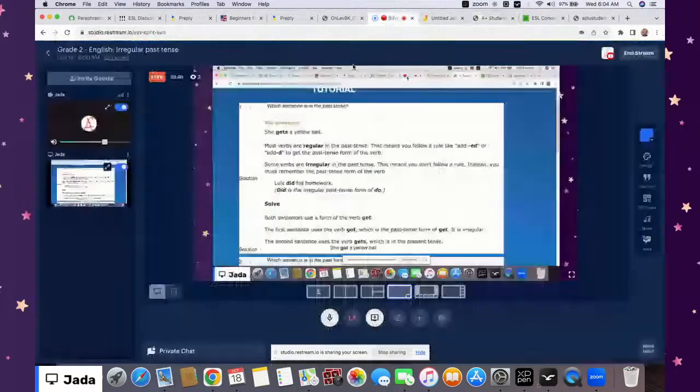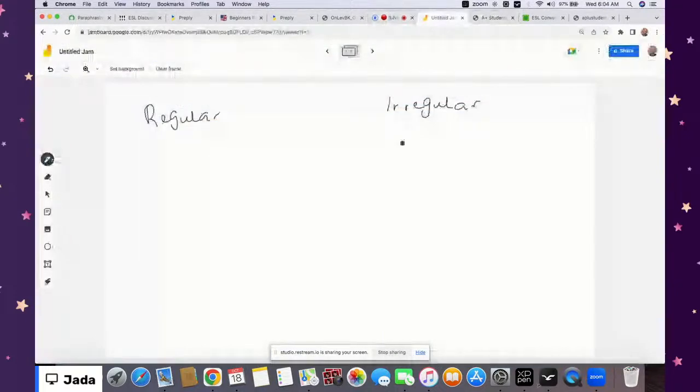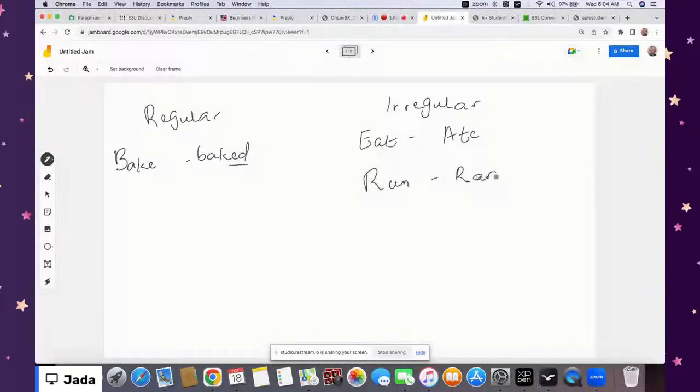Just like we're gonna have eat. When we have eat, the past tense was ate. But then for the regular we could have bake, and then baked in past tense with ed. And then ran for the irregular.